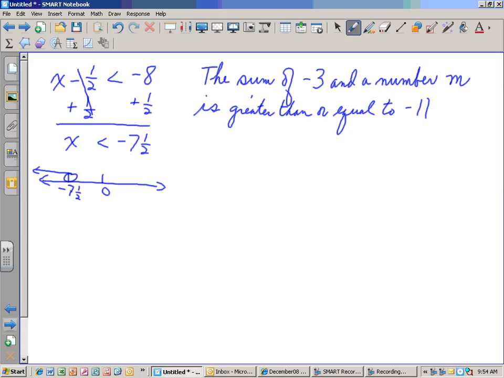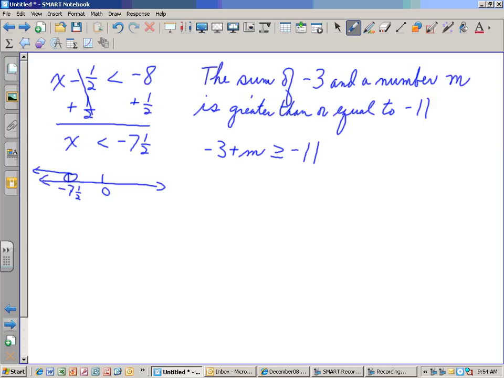Zach, tell me how I can write that. -3 plus m, and the greater than or equal to sign, then -11. Right. So it's not really that difficult, is it?